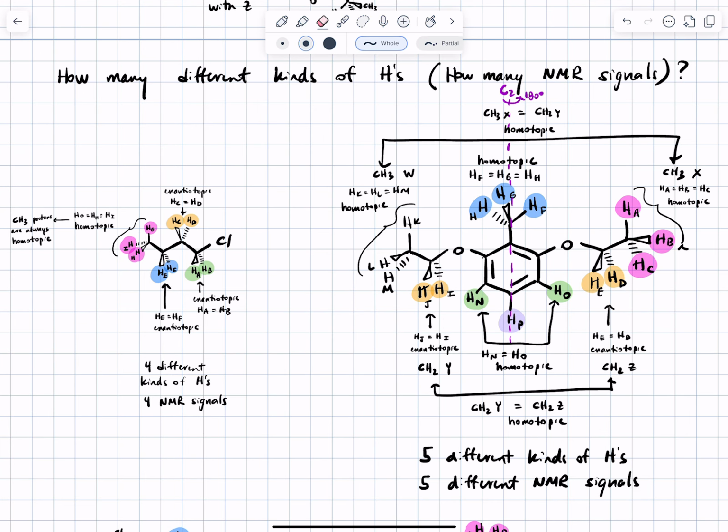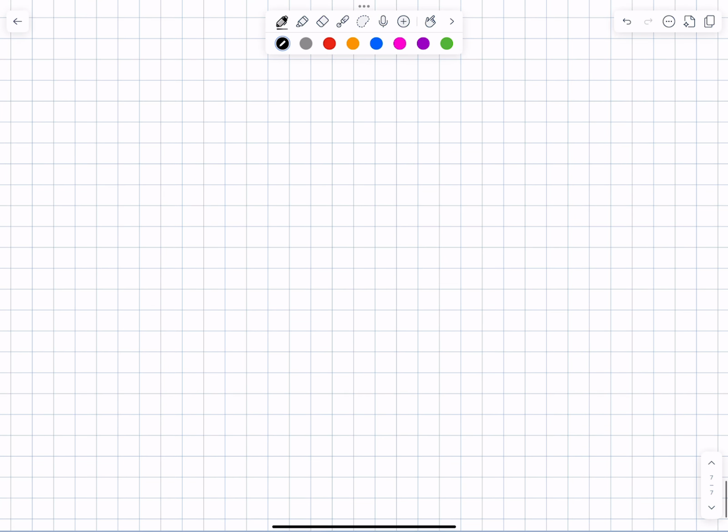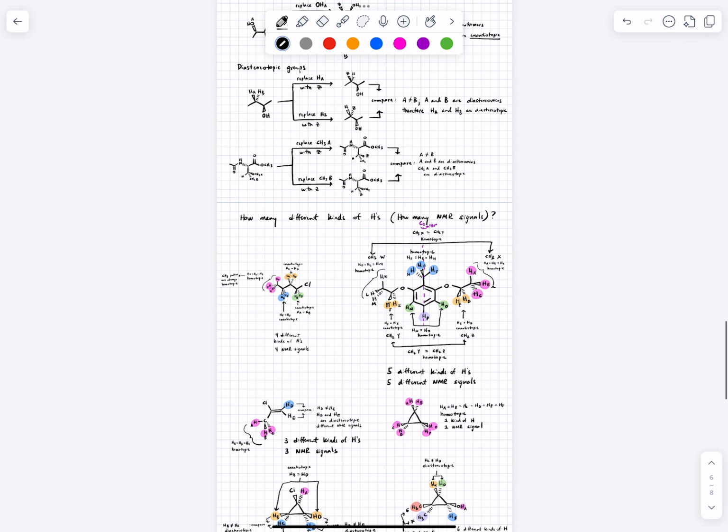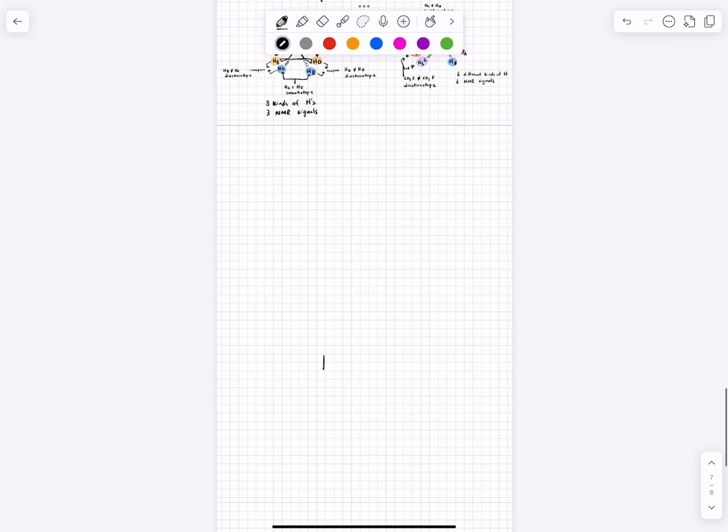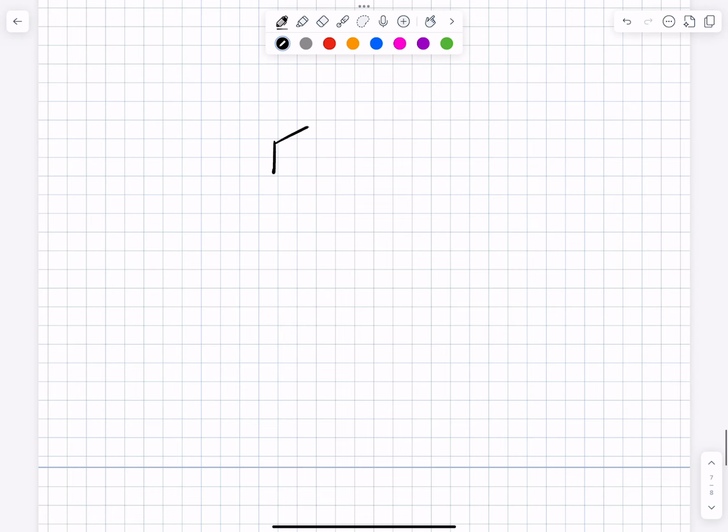Dang it. I'm going to draw a structure real quick, and then we're going to talk through which protons are identical. I shouldn't have put all the answers in. Behold.